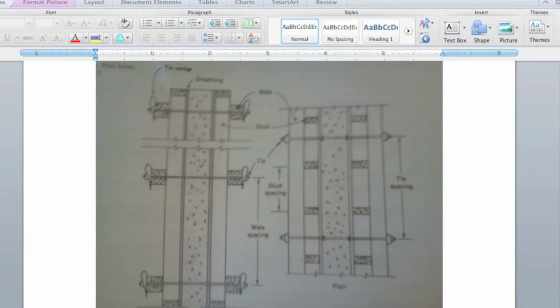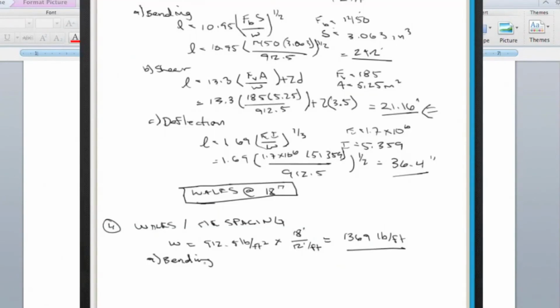So bending, I'll run through these real quick and I'll just put out the spacing. So bending, the only trick here, make sure that when you find S, I'll put that here, S equals 2 times 3.063. Up here we just used 1, down here we've got 2, so that's important.